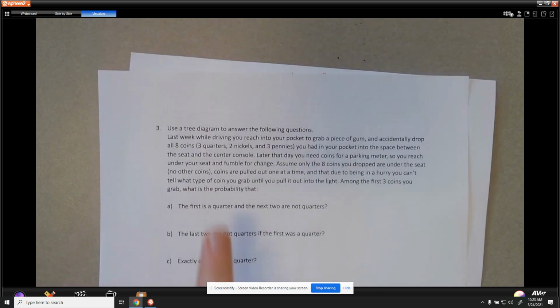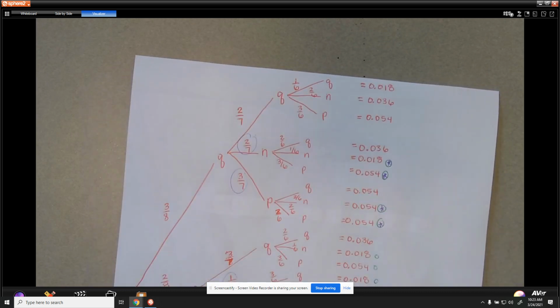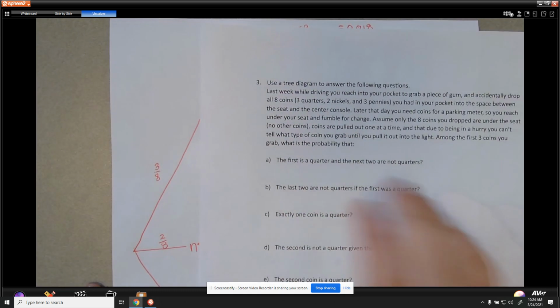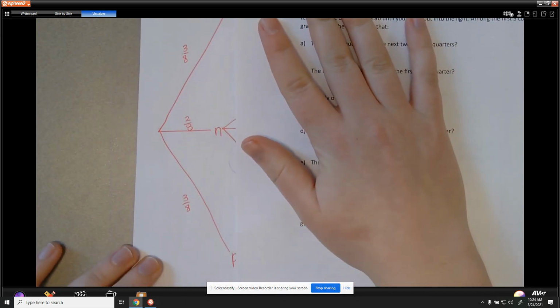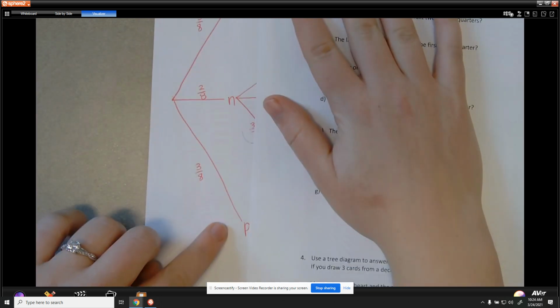All right, and it did ask you to make a tree diagram. This tree diagram is freaking epic. I made it here, and you can see I've already been marking things up as I try to figure this out before doing this video. But basically what's happening is the first grab could either be a quarter, a nickel, or a penny.